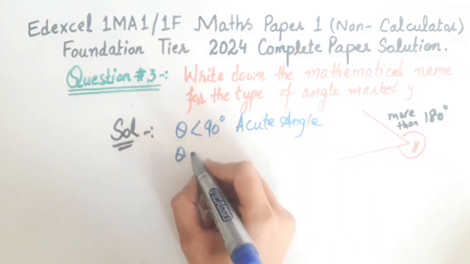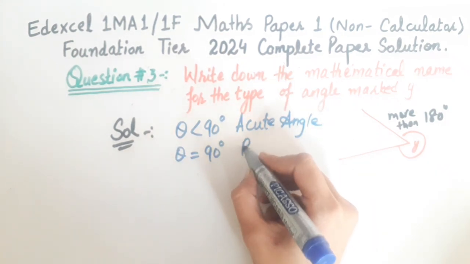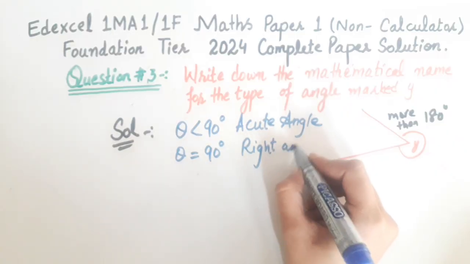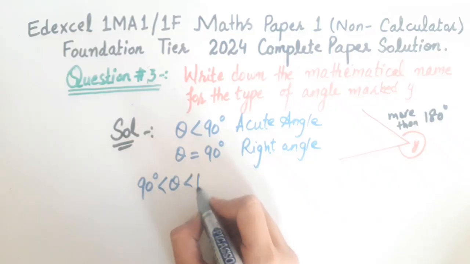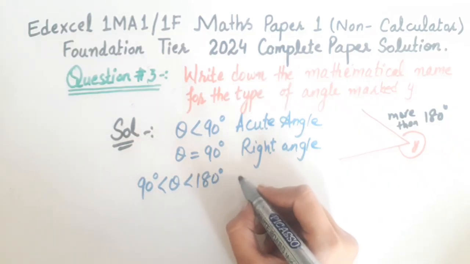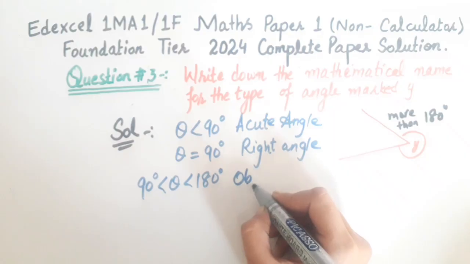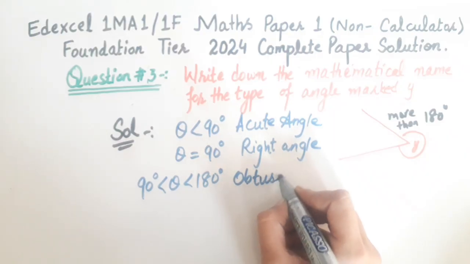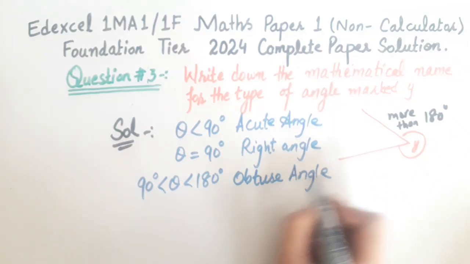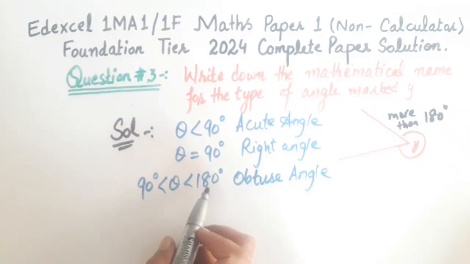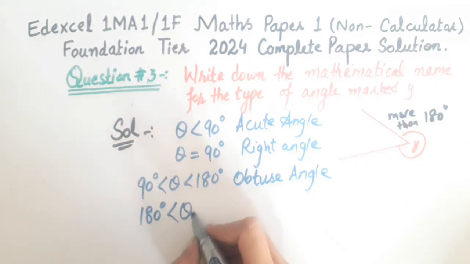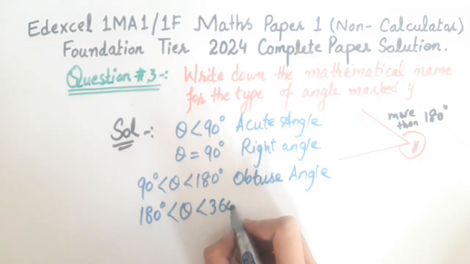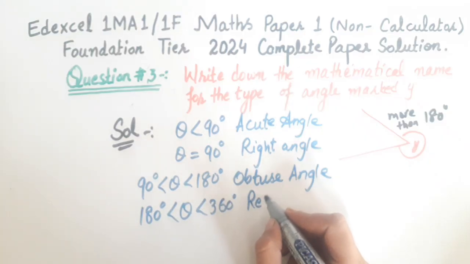If the angle equals 90 degrees, it means a right angle. If the angle lies between 90 and 180 degrees, we say the angle is an obtuse angle. But if our angle is greater than 180 degrees and less than 360 degrees, we say that our angle is a reflex angle.